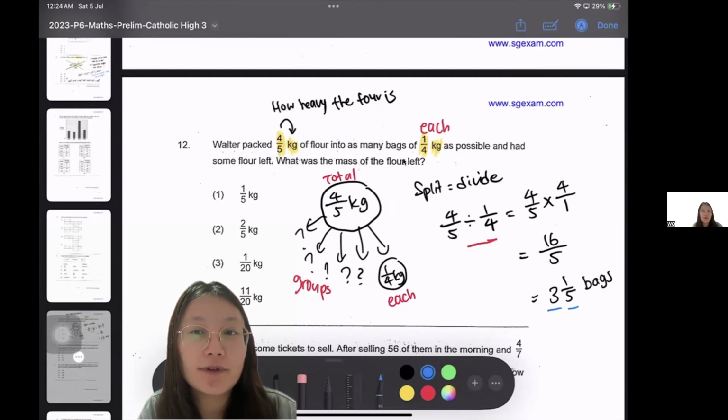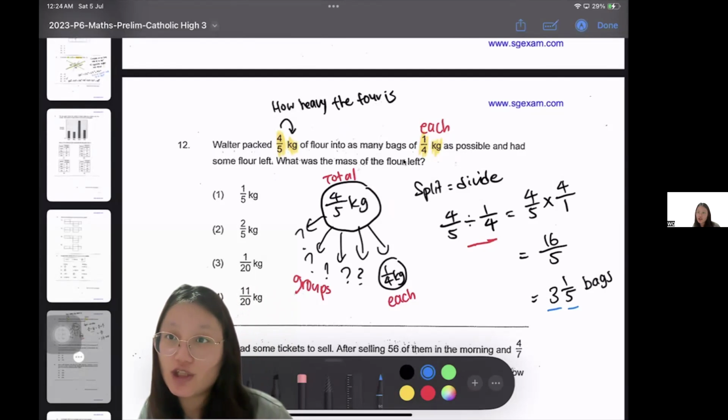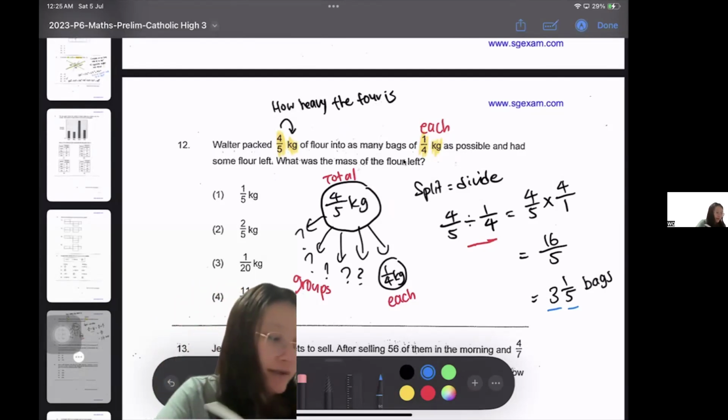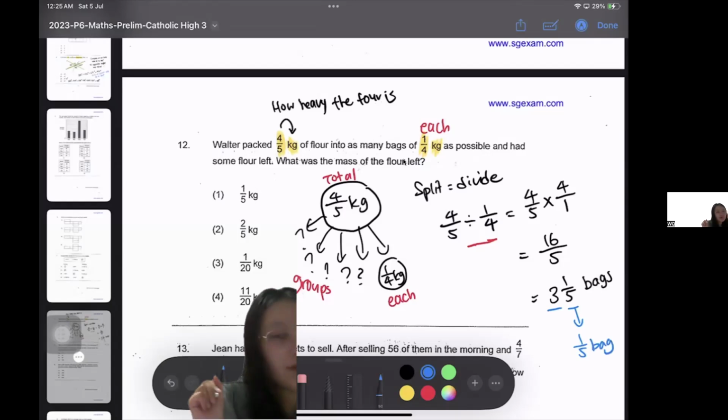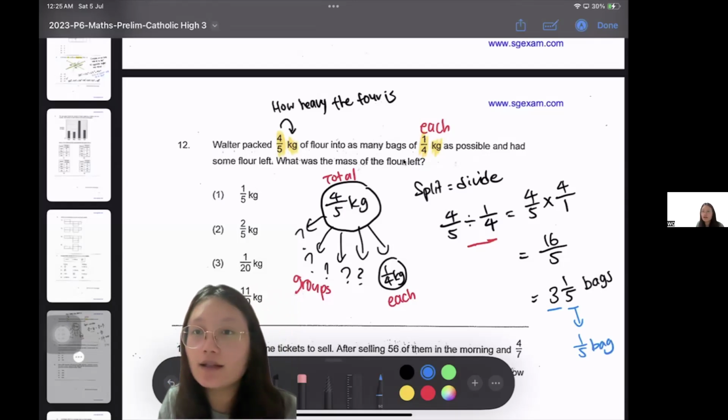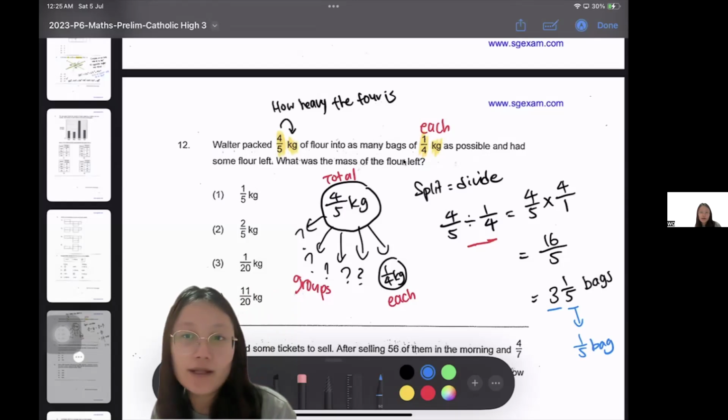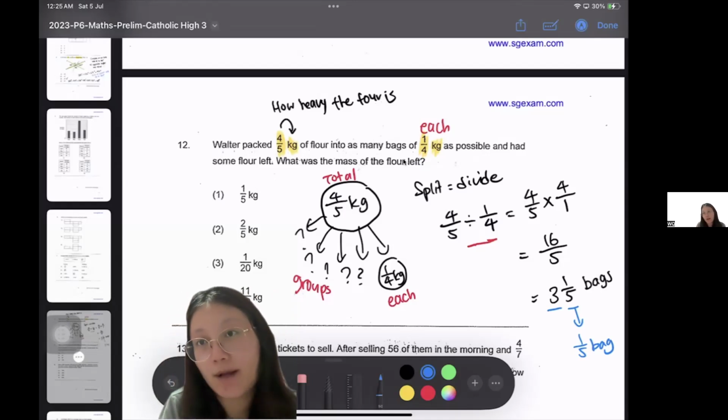Not 1/5 kg. This is a 1/5 of a bag, not 1/5 kg. That's why I'm trying to tell you the difference. So what you can do is figure out how much flour is in 3 bags, and then you can minus it from there.